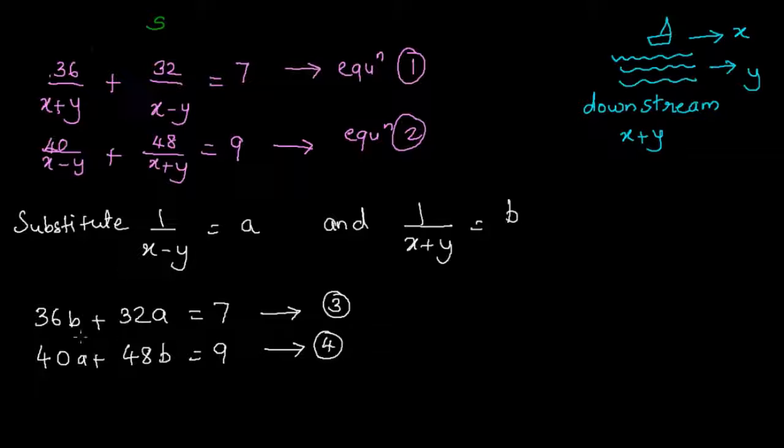Now I'll be rearranging this equation in the form of a and b. So my equation 3 then becomes 32a plus 36b is equal to 7. All I've done is rearranged a and b.